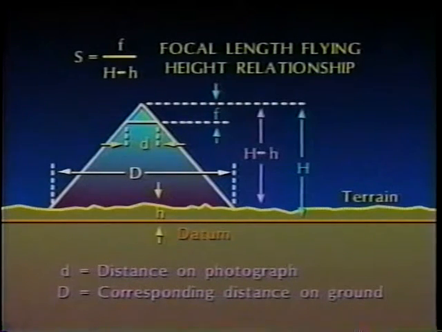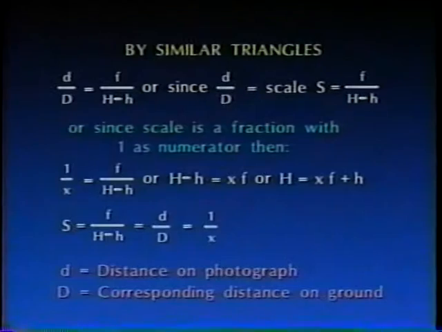Small d is a distance on the photograph, and D is a corresponding distance on the ground. By corresponding sides of similar triangles being proportional, small d over D equals F over H minus small h. Or since small d over D equals scale, then S equals F over H minus small h.